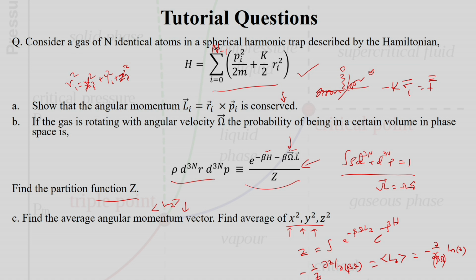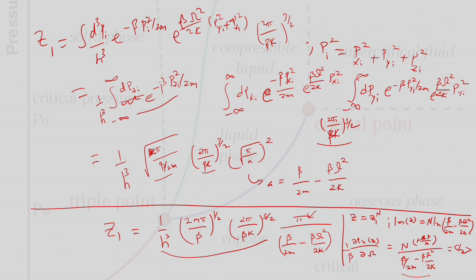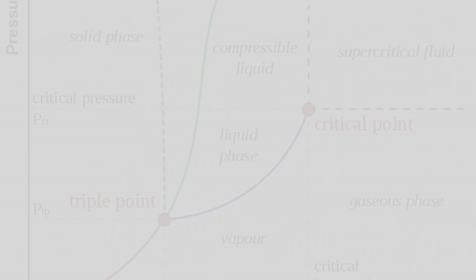So how do I calculate the average of x squared?